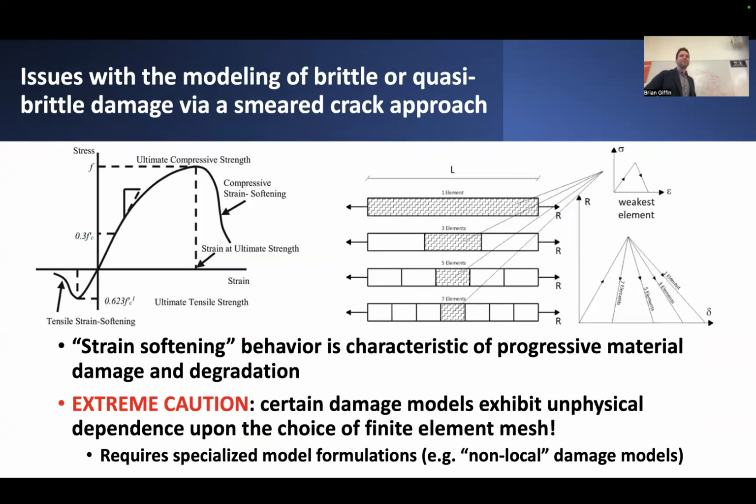Okay. The main thing that I'll point out, which I kind of briefly touched on in the case of continuum damage models, is that you do get significant dependence of your solution on the choice of mesh that you're using.